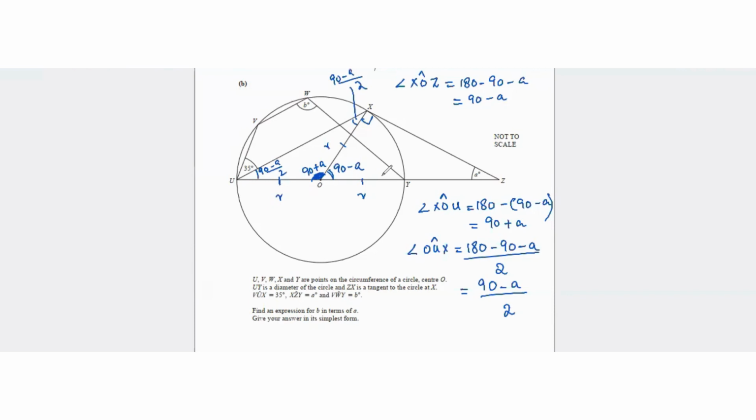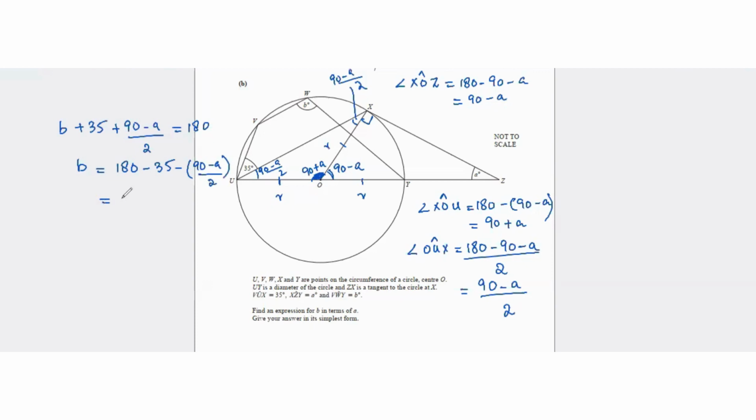In cyclic quadrilaterals, sum of opposite angles equal to 180. Since W and U are opposite angles, B plus 35 plus 90 minus A over 2 would equal 180. B equals 180 minus 35 minus 90 minus A over 2.